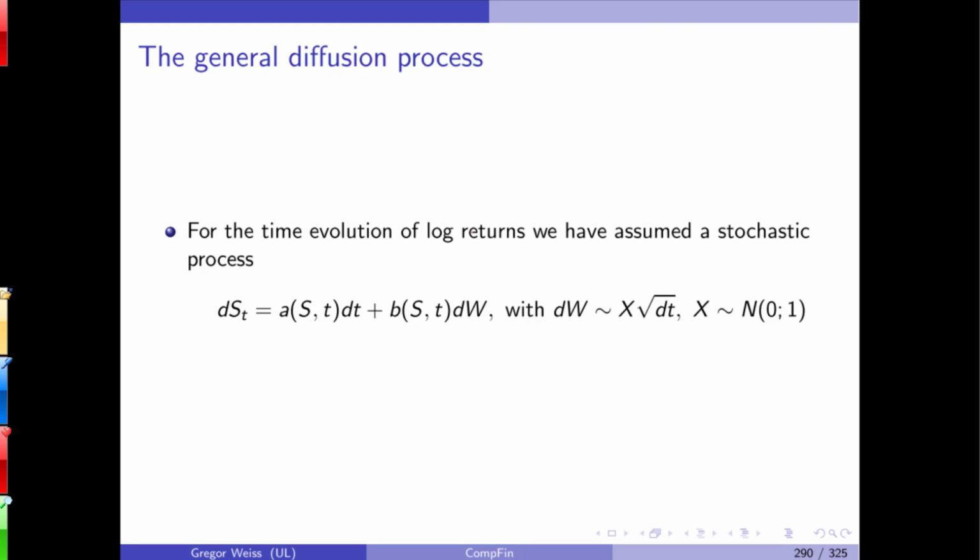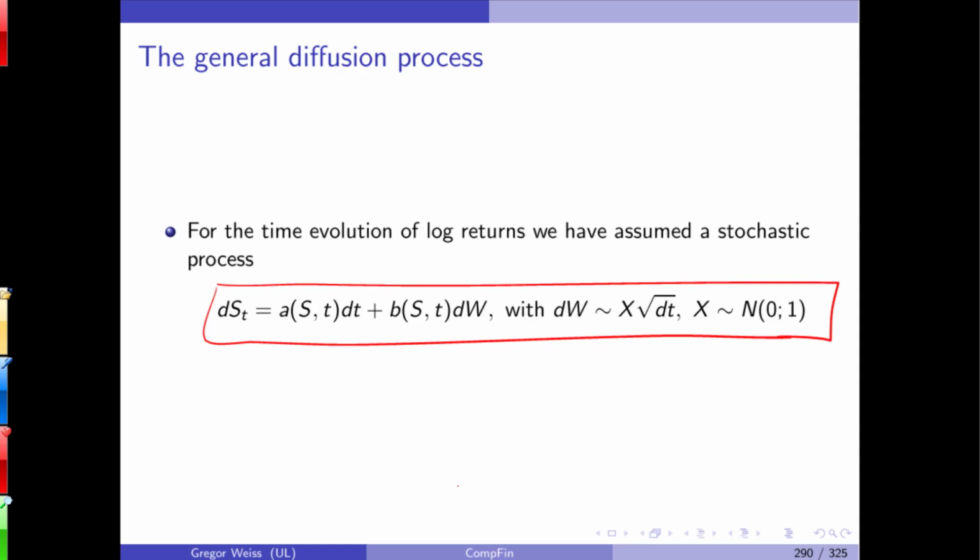It only means that we have a drift function A and a diffusion function B, both depend on t and S, and we are now modeling the stock price. dW is the standard Wiener process, and in fact this is the general diffusion process, der allgemeine Diffusionsprozess. It's a little bit more general than the one we've seen before, but it's quite simple to see.